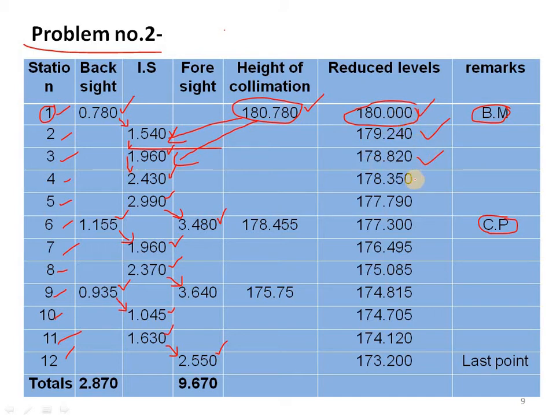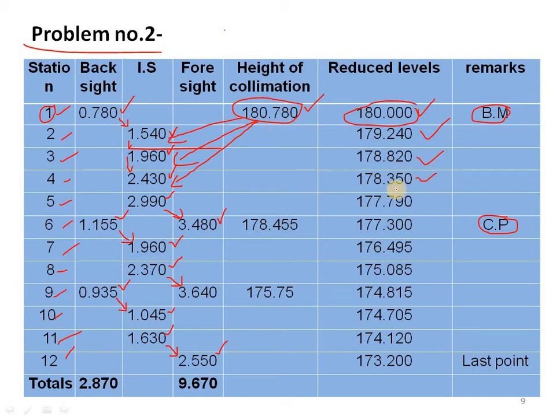Now coming to the fourth station RL point, the same HI we have to take at the fourth intermediate side. 180.780 minus 2.430. Then we will get the answer 178.350.